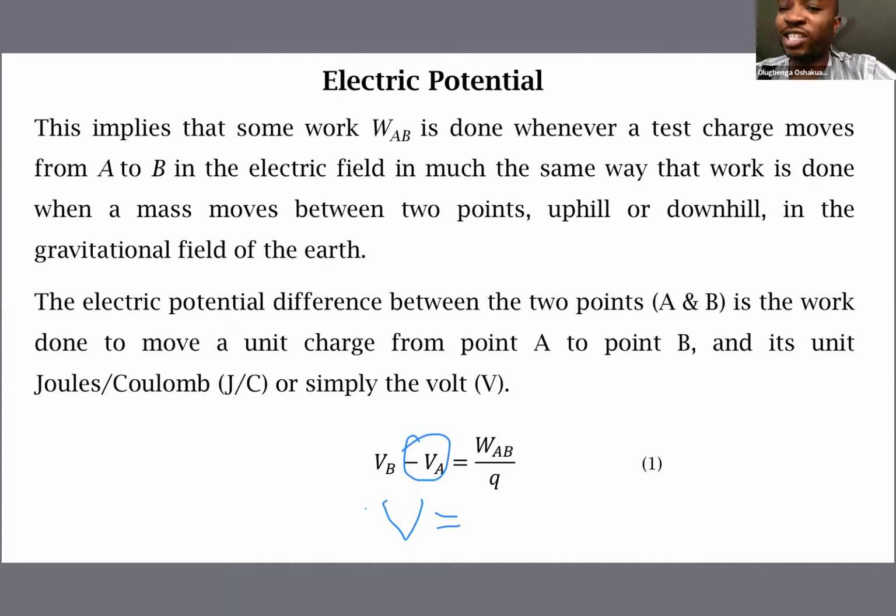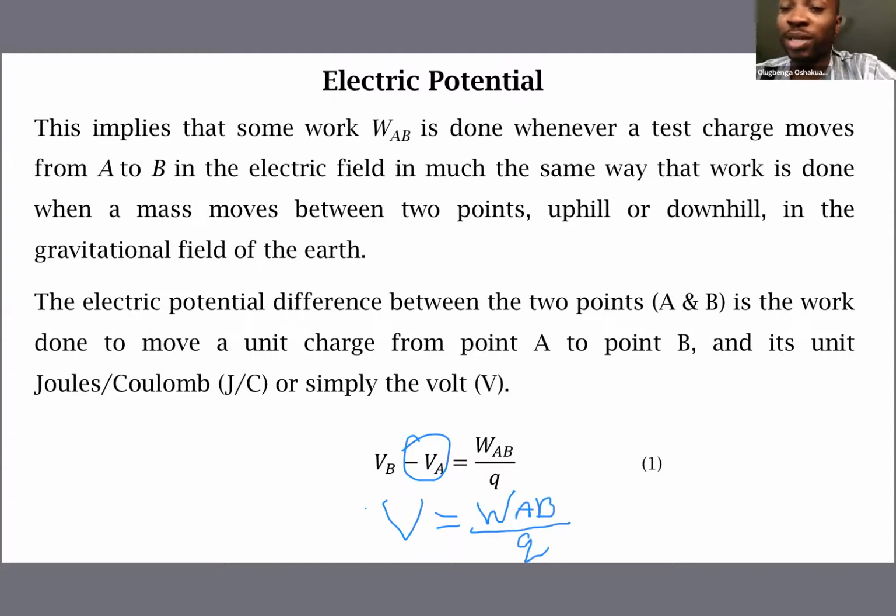So if that charge itself is a unit charge, it means that charge has 1 coulomb in value. Like I was saying, if the charge is a unit charge, that means Q will be equal to 1.